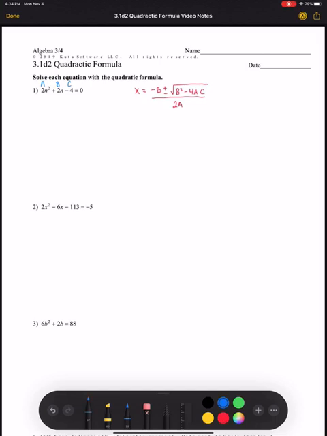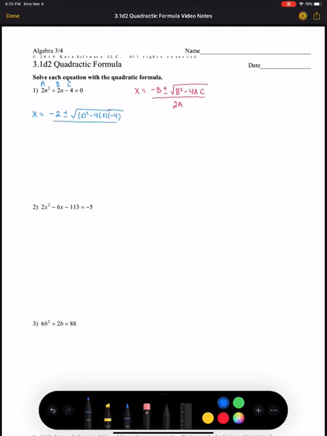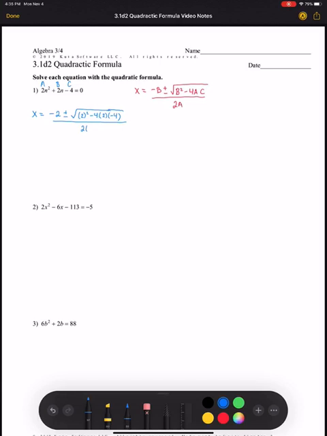So what I have now is x equals negative b plus or minus the square root of b squared minus 4 times a times c all over 2 times a.